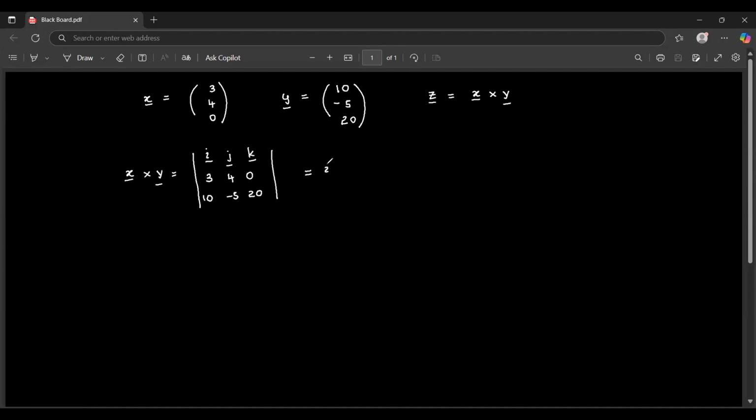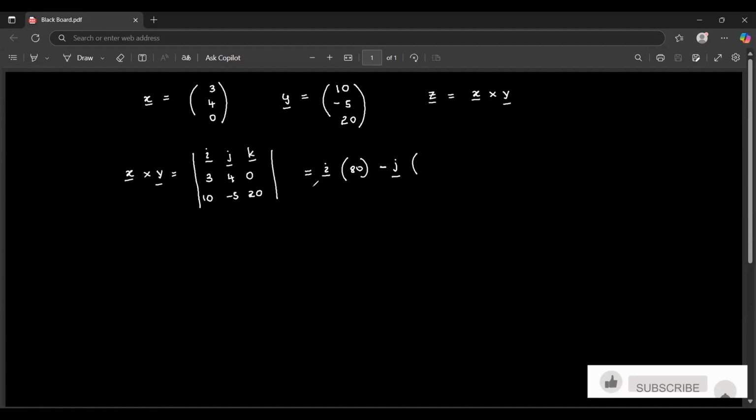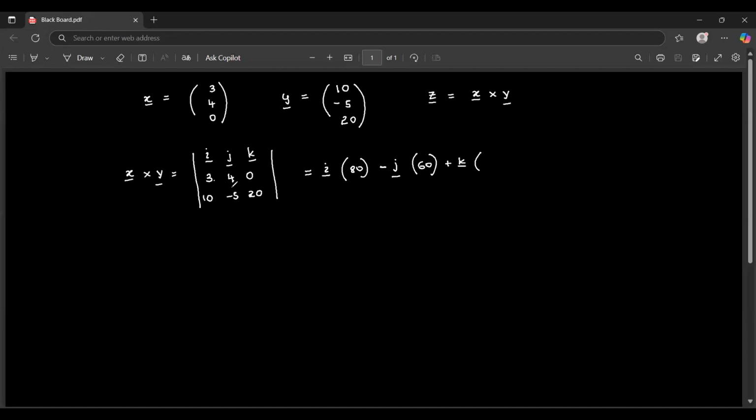So this will be equal to i into 80 minus 0, so it will be 80, minus j into 3 into 20, 60, minus 0, so it is 60, and plus k into 3 into minus 5 minus 4 into 10, which is minus 15 minus 40, so it will be minus 55. So here you will have 80i minus 60j minus 55k. This is the value of z.